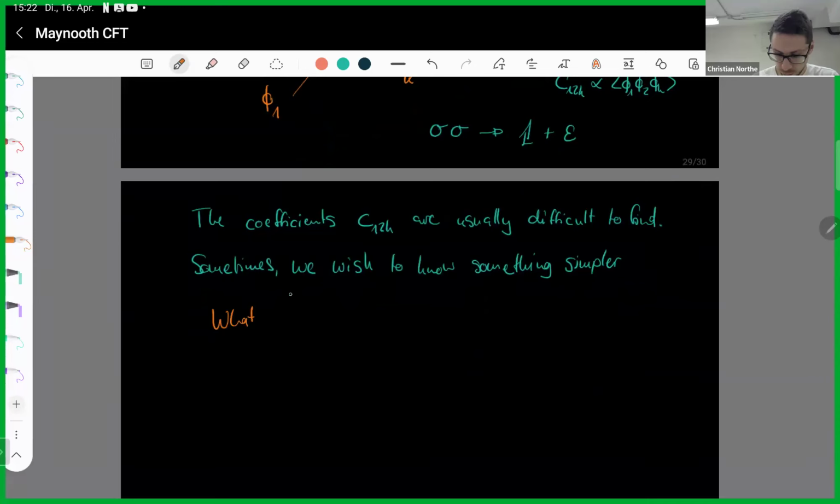What conformal families appear in the scattering of phi1 and phi2?